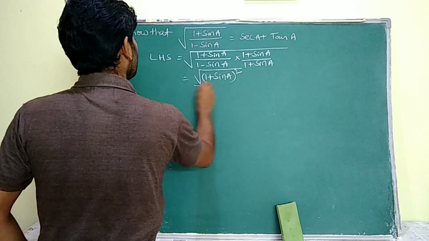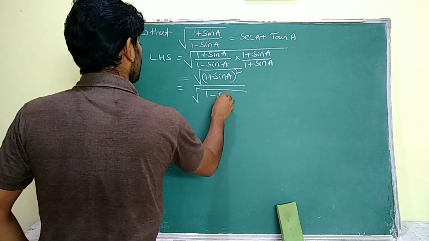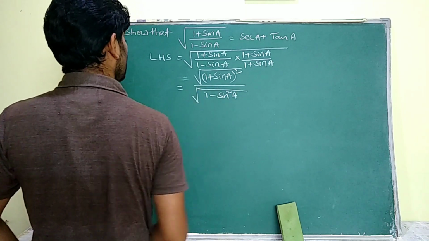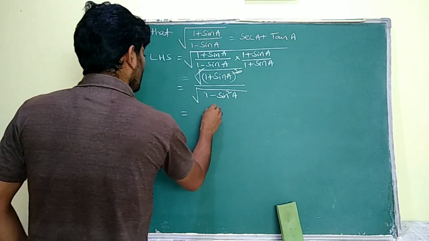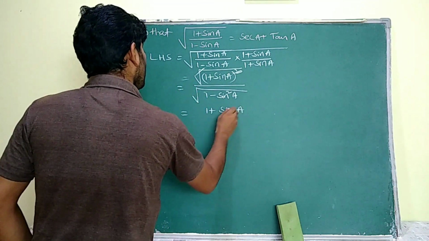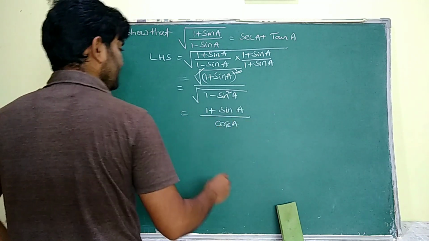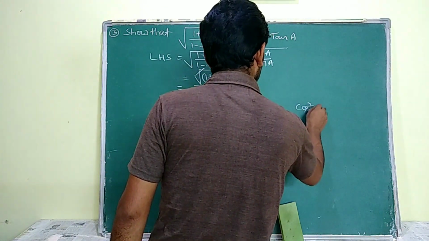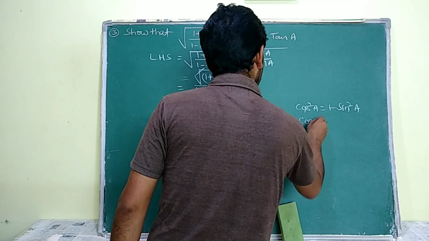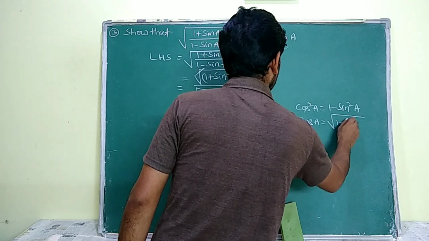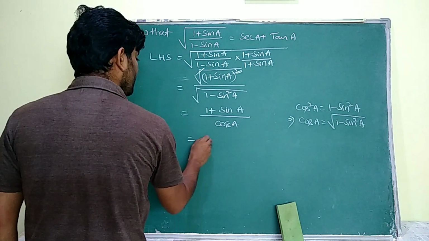Divide this root individually, and by root over 1 square minus sin square A, that is 1 minus sin square A. So see, this square and root are going to be cancelled, then our answer is 1 plus sin A by root over 1 minus sin square A, which we know is cos A. Since cos square A is equal to 1 minus sin square A, therefore cos A is equal to root over 1 minus sin square A. By that I am going to write this as cos A.